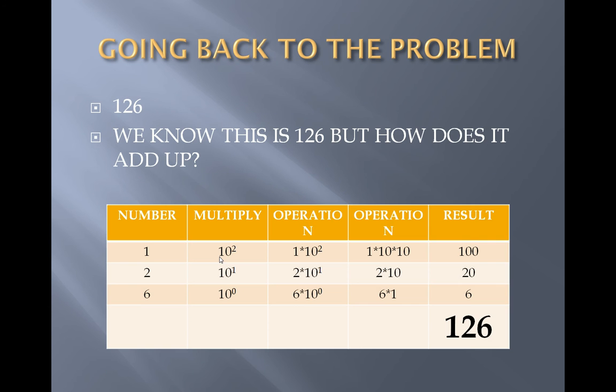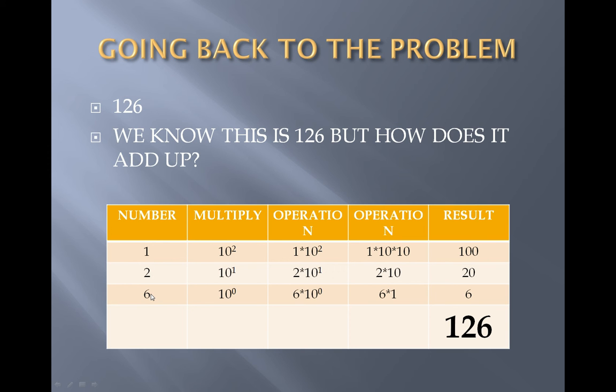But now that we know this information, how is it useful to us with number systems? Well, if we go back to our original problem, we know this is 126, but how does it add up? I made a table here of information. I've taken the leftmost digit and put it in the first row, and the other digits in the subsequent rows.